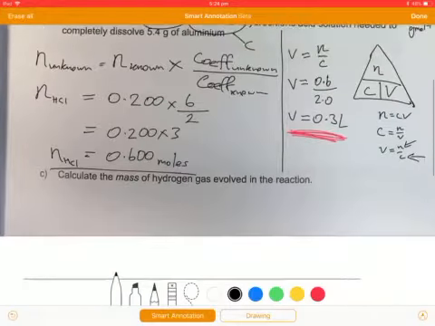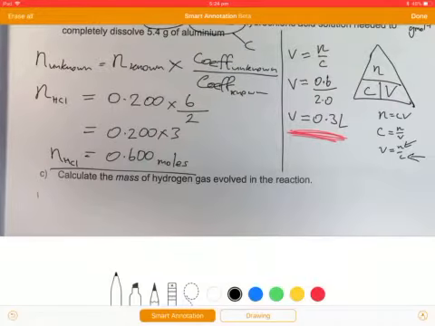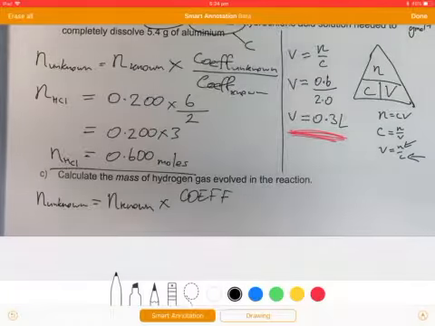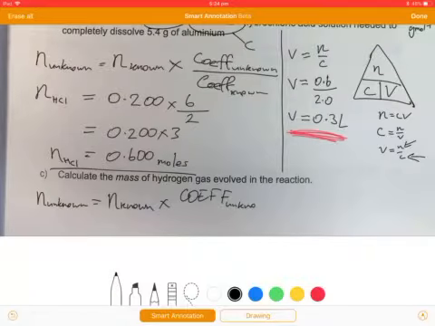Once again, using that equation from earlier, the n of the unknown is equal to the n of the known times by the coefficient of the unknown divided by the coefficient of the known.